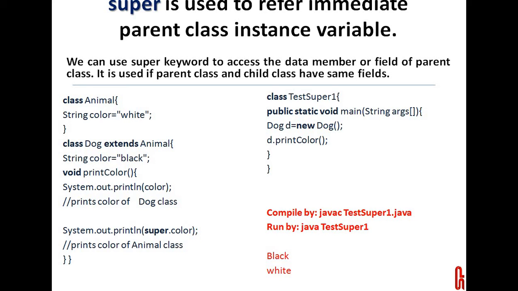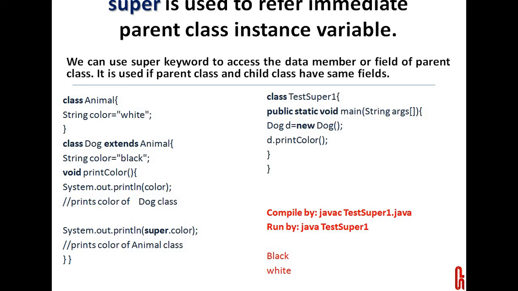The subclass name is Dog. See, Dog is a subclass of the Animal class. One instance variable and one method are there. The instance variable is the same as that of the parent class Animal: color, the data type is string, and the color variable is initialized with black.